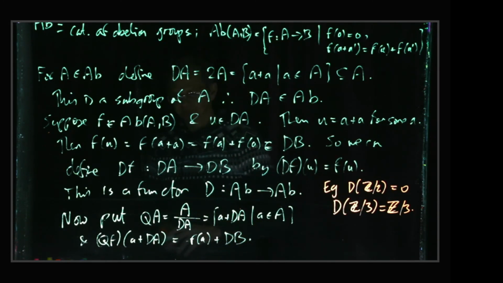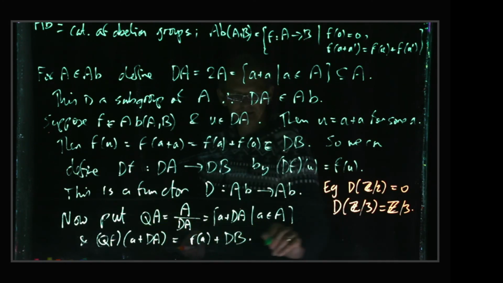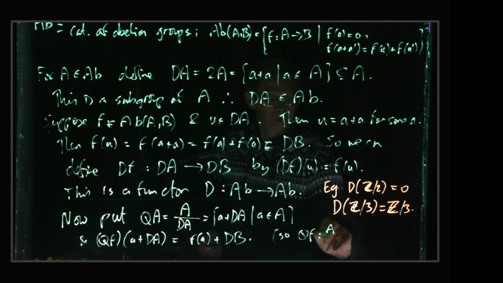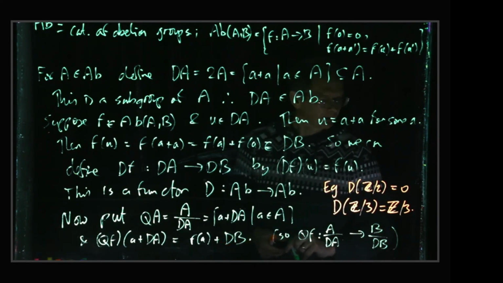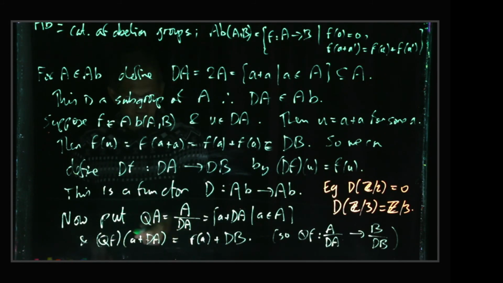And then we want to try and define Q(f) like this. A couple of things we need to check here. I want to define Q(f) by this rule on cosets.